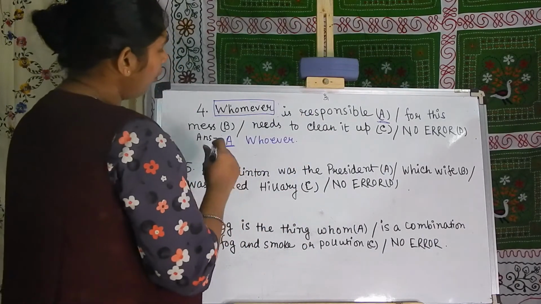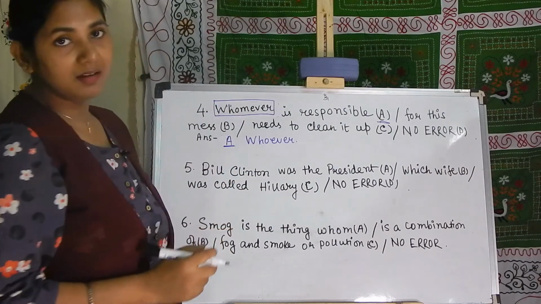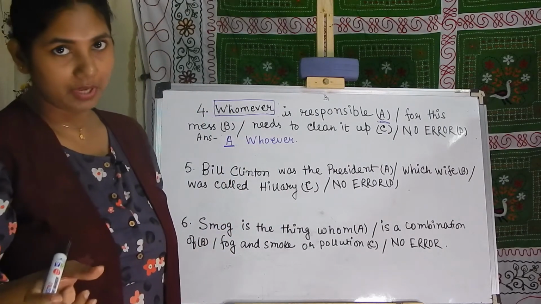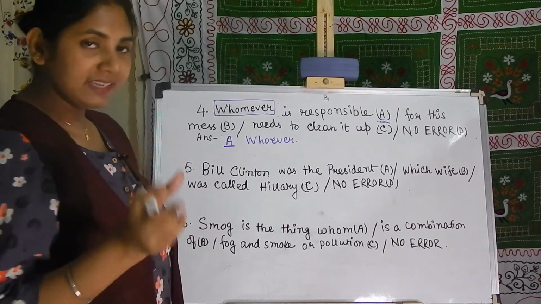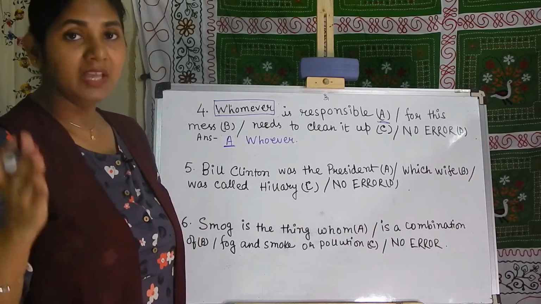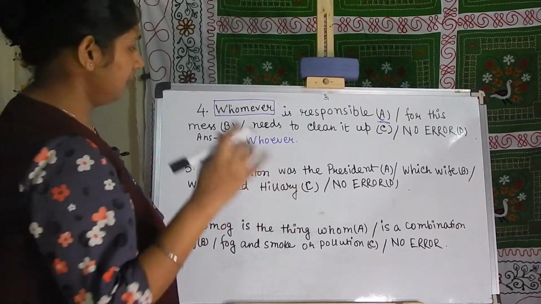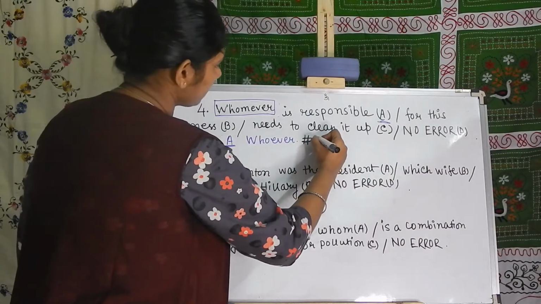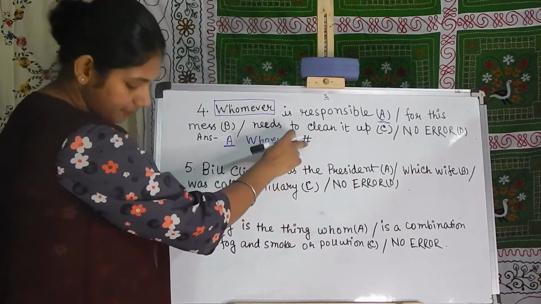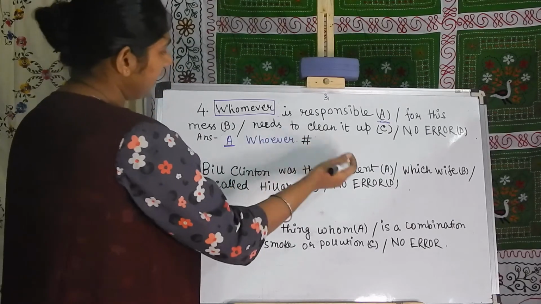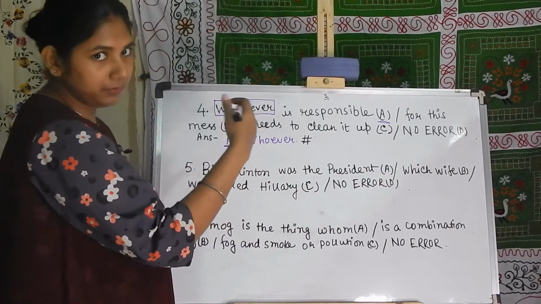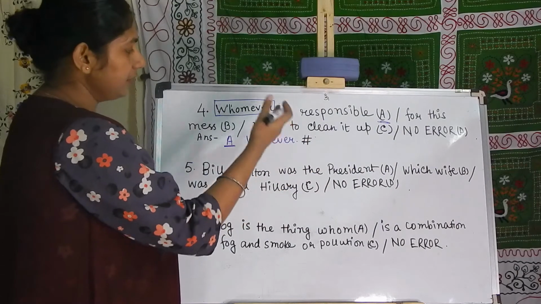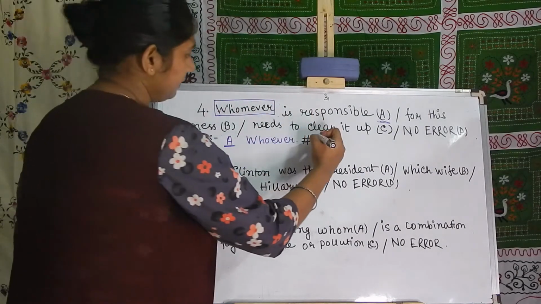Actually, whomever is an object pronoun and it acts like him, his, her. It's a tip, that's why I have made this point, so that you can understand when you check this video later.